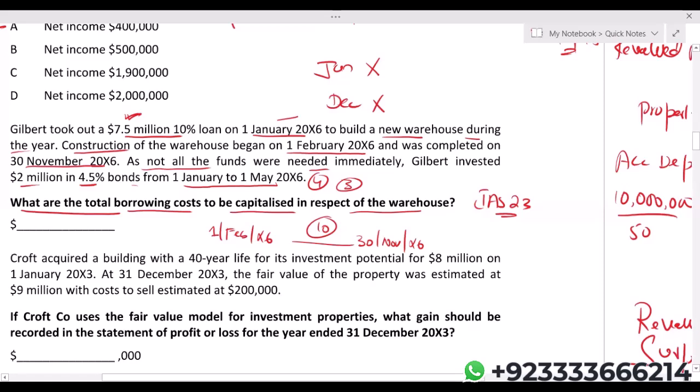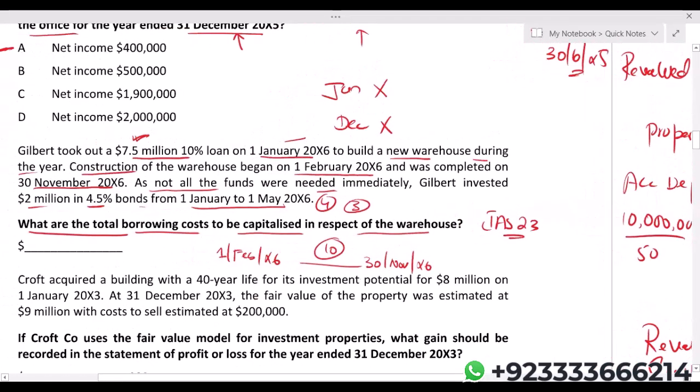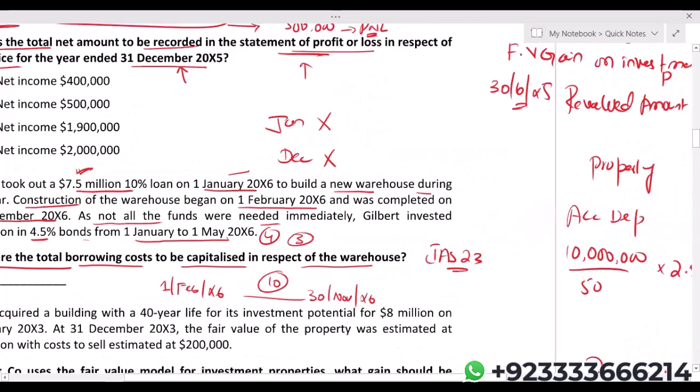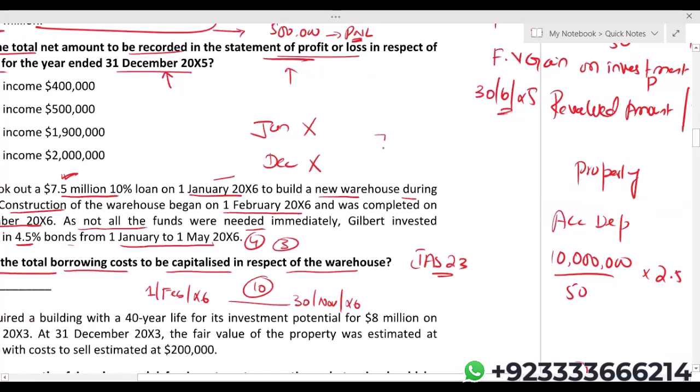So how will we calculate the borrowing cost to be capitalized? The amount of the loan is 7.5 million, at the given rate, and the borrowing cost capitalized will be of 10 months.